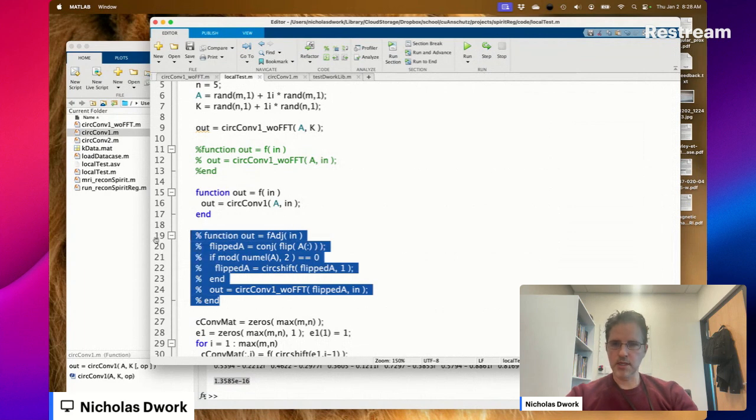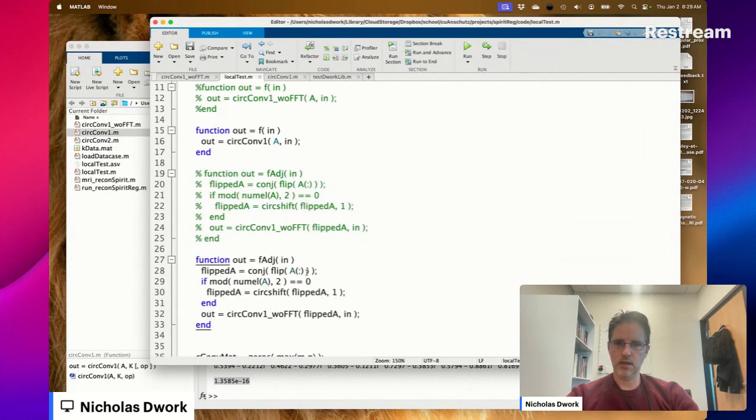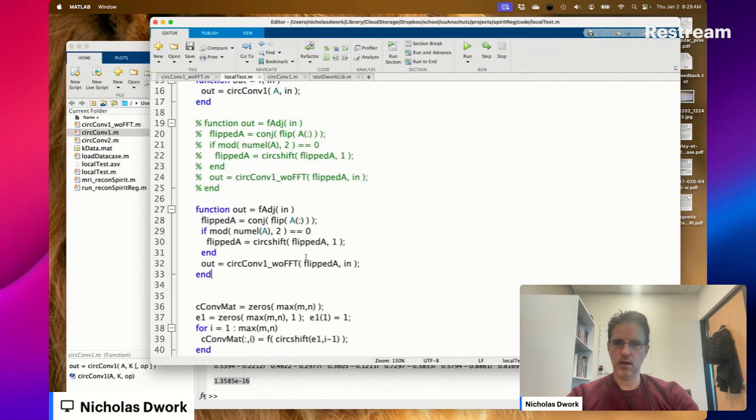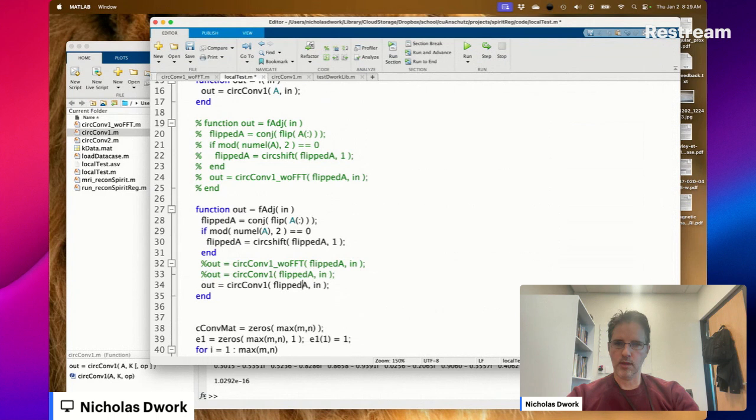Let's do the same thing for the adjoint. If I do this, still works just fine. But if I do this, I'll bet you it won't.